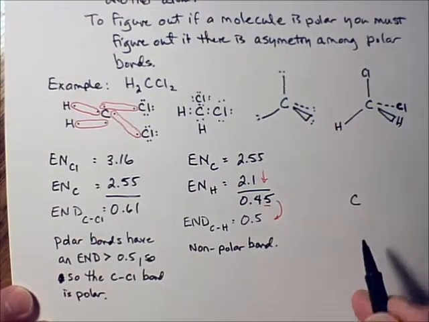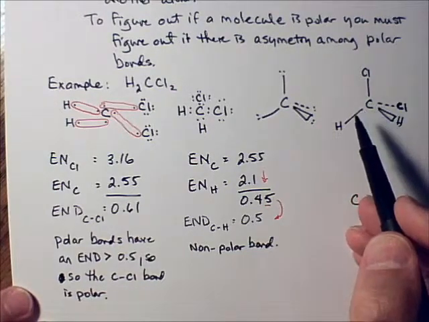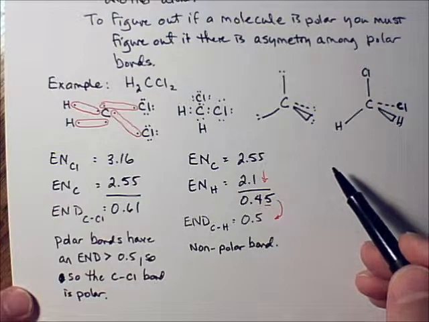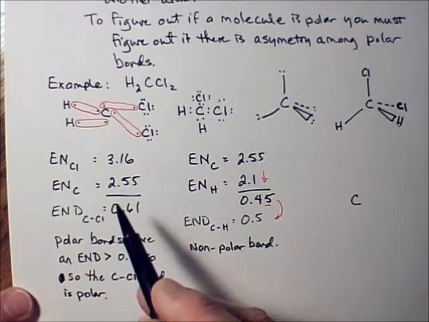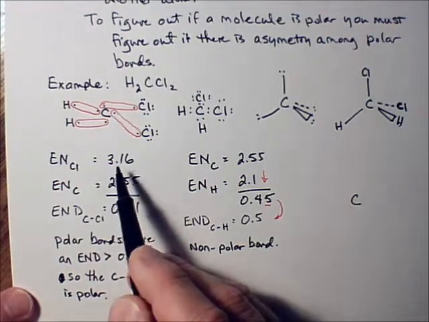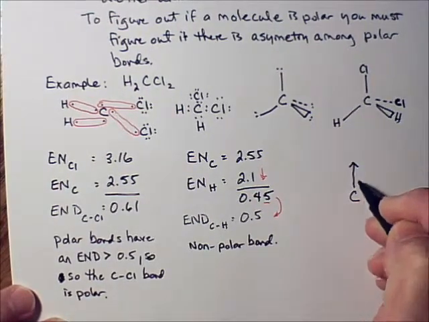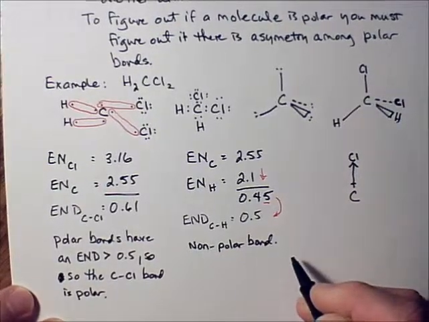So we'll redraw this same drawing, but instead of just showing the bond, I want to show the bond with the direction of electronegativity. And we're going to point the arrow toward the element that has the greater electronegativity. So this bond is polar. The greater electronegativity lies with the chlorine. So instead of just a bond arrow, I want to have an arrow that shows the polarity.